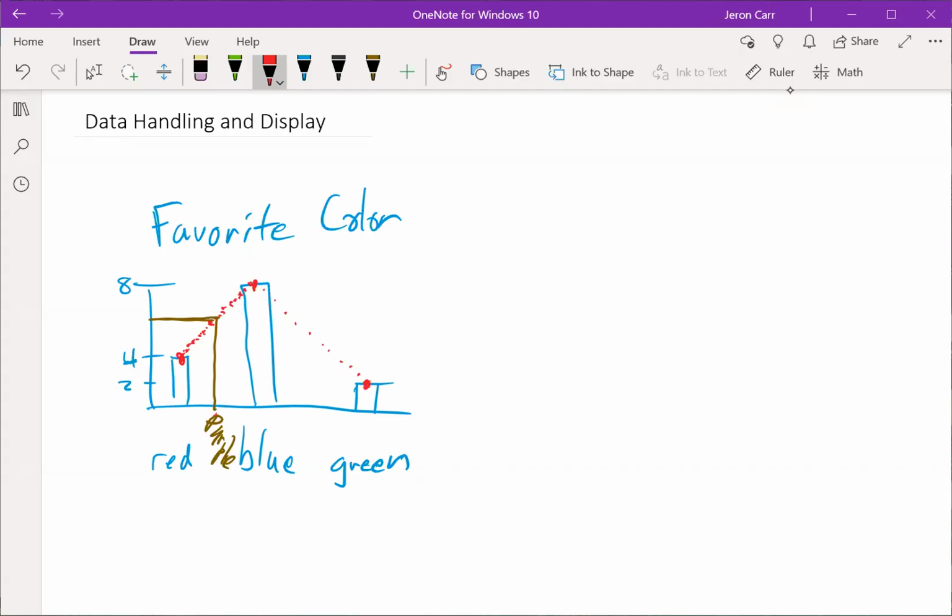Now, hopefully you're realizing this is a pretty ridiculous conclusion to come to, but this is the conclusion I would be forced to draw if I decided to use a line graph, because a line graph claims there is a relationship between the horizontal and the vertical axes of your data display. Favorite color, that just doesn't make sense. So it's not correct to use a line graph here.